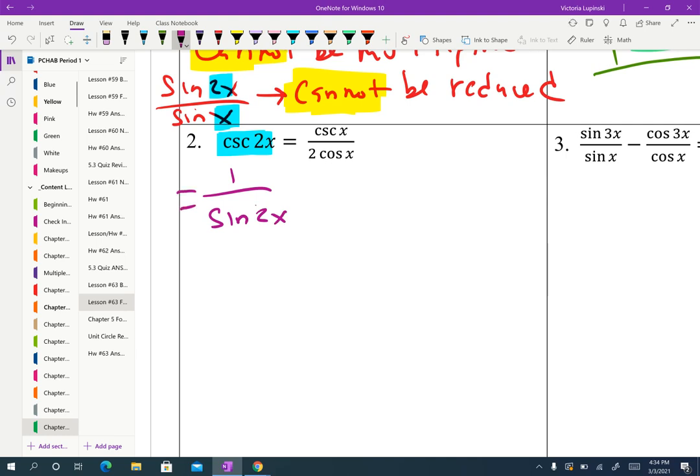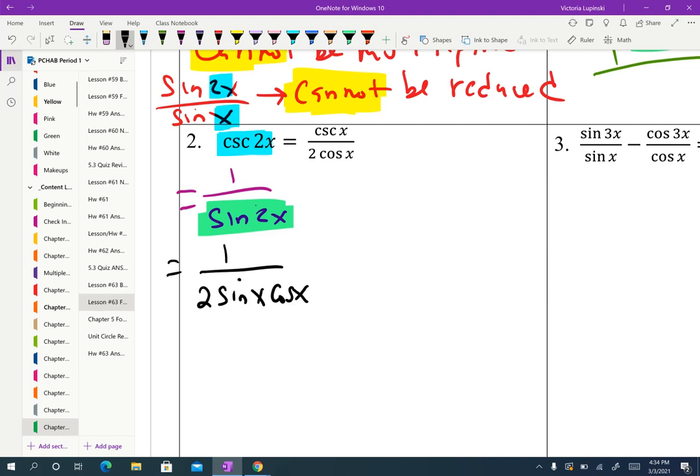So you are, in fact, allowed to use those reciprocal properties for any variable. Then, formula alert, the sine of 2x, if you look at your formula sheet, is equal to 2 sine x cos x. So you're going to go ahead and make that replacement of 1 over 2 sine x cos x.